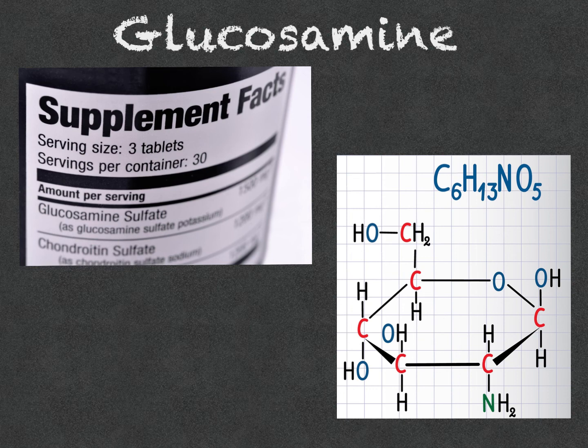And then the amine part of the name is derived from the fact that rather than having a hydroxy group at this position that I'm circling in blue that would make it a typical sugar, glucose, instead, the hydroxy group has been replaced with an amine group, hence why this takes on the suffix amine.